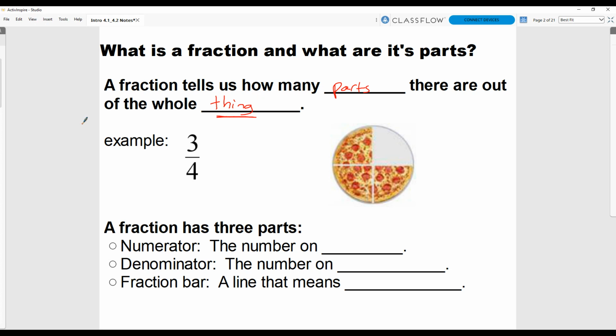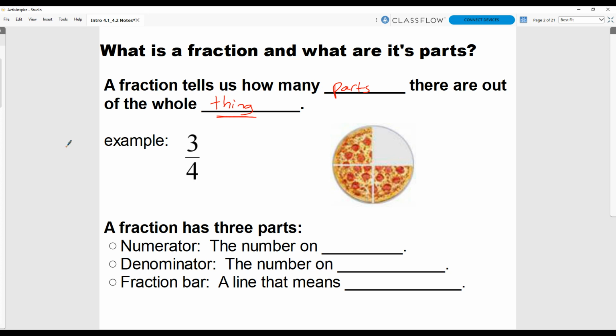I like to use pizza because it's delicious, but it could be anything at all. It could deal with money, or how far you travel, whatever. It's how many parts there are out of a whole entire something.